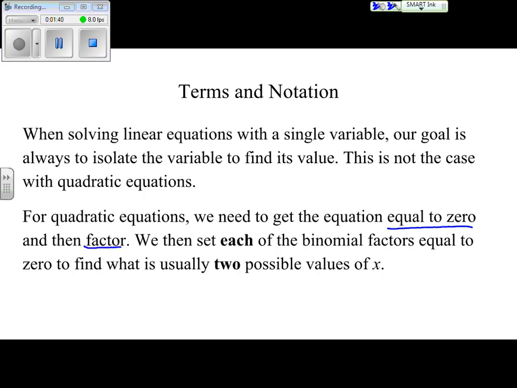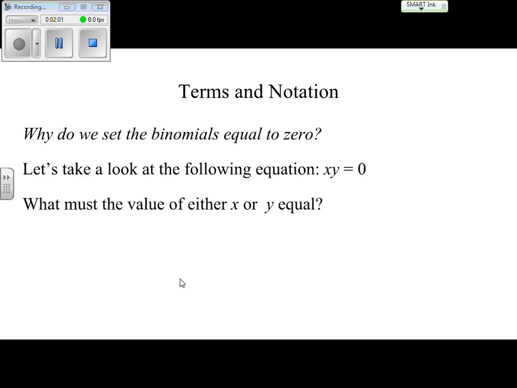Only once we've factored it do we set each of the binomial factors equal to 0 as well. And then we're often going to have two possible values for our variable, which will often be x. So a little different than what we have done. There will be a little algebra involved, but only after we've factored it and set those binomials or factors equal to 0.